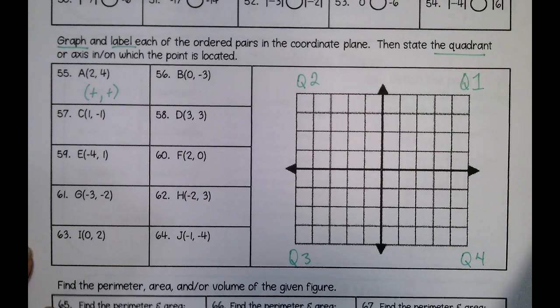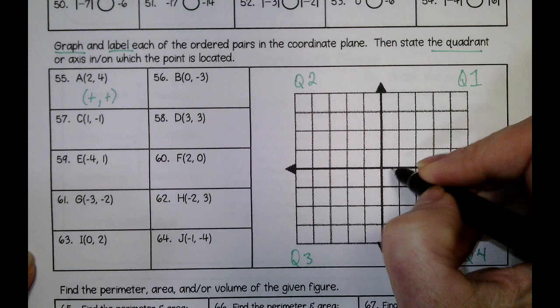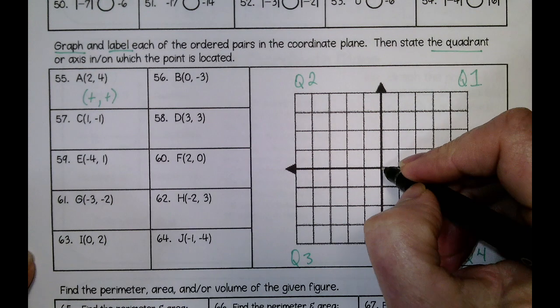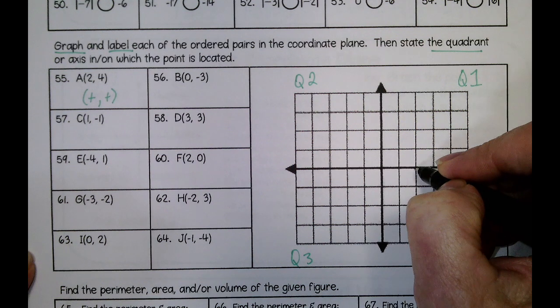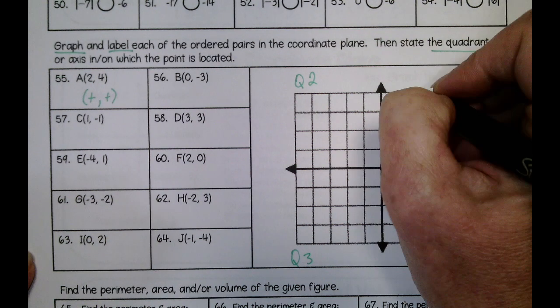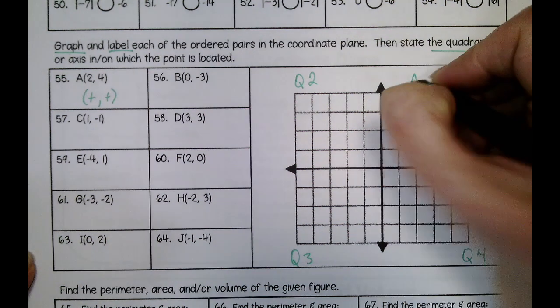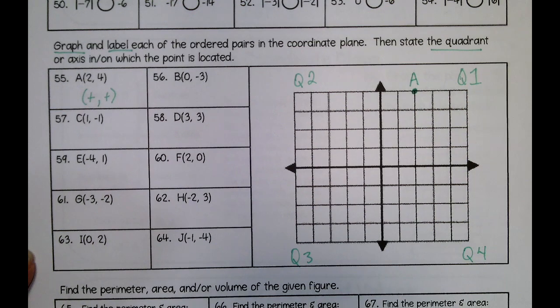Which quadrant is that? Quadrant 1 is correct. So let's graph it. So starting at the origin, 1, 2 to the right, and then 1, 2, 3, 4 up. So here's A. Okay? And y'all see it's in the first quadrant.